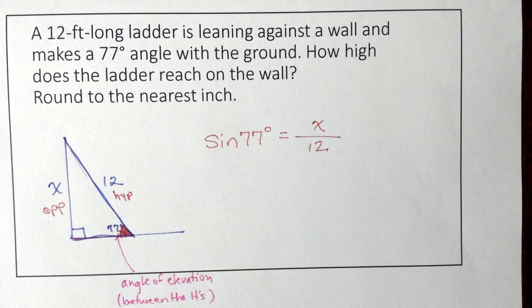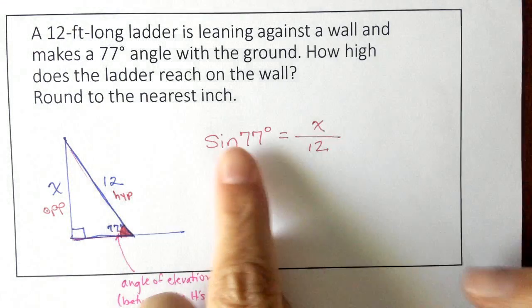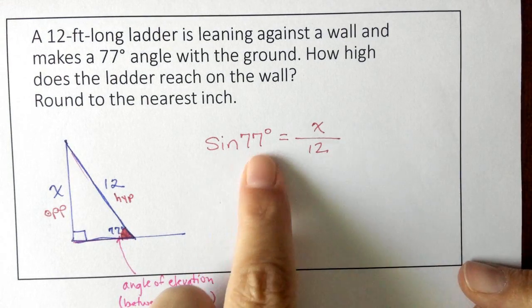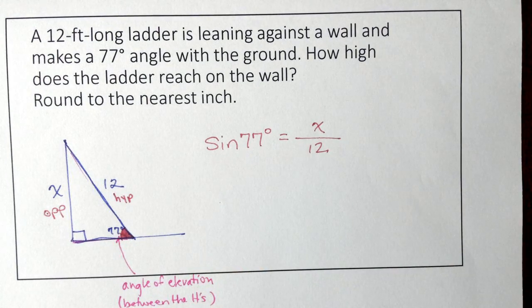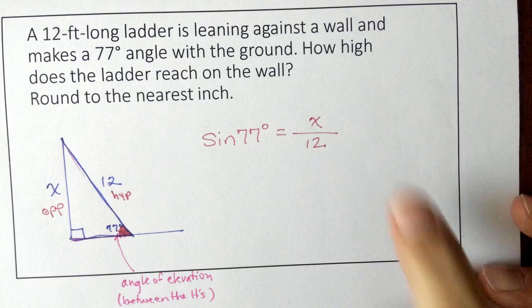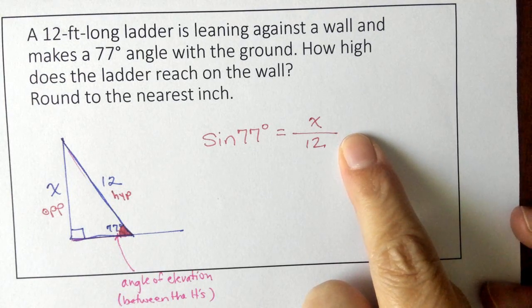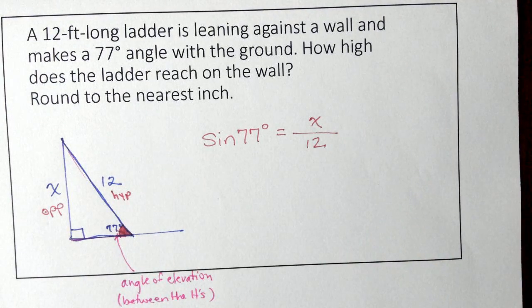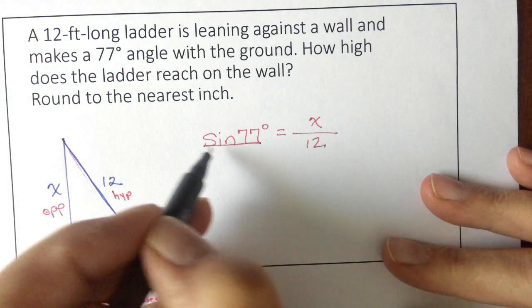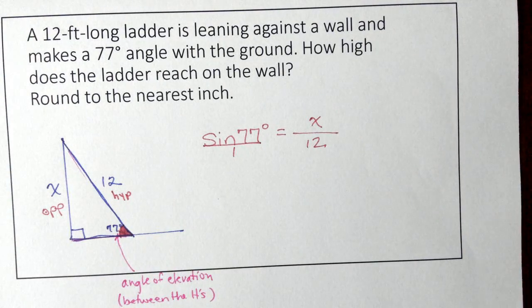Before you start fooling around with an inverse operation here, you don't need an inverse operation for sine. We're not trying to get rid of sine. Sine and 77 degrees are going to be used together. We're going to actually calculate the sine of 77 degrees. The x is on the other side. So when the x is on the right side of the equation in the ratio, that's when we want to put sine of 77 over 1 and cross multiply.